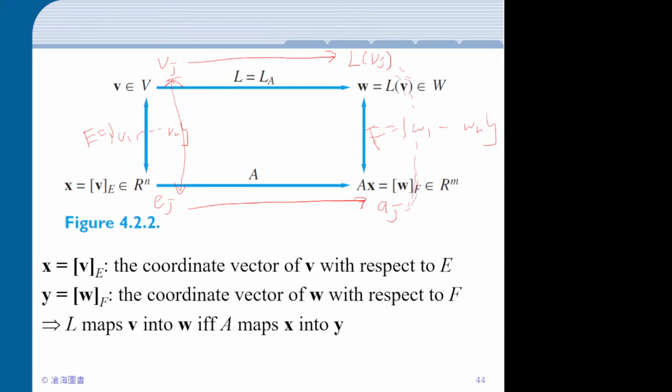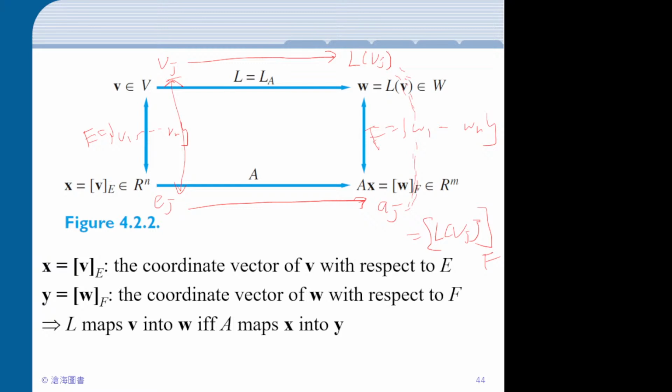And so we can find Aj: from this dotted line we know that Aj equals L of Vj, coordinatized by F.